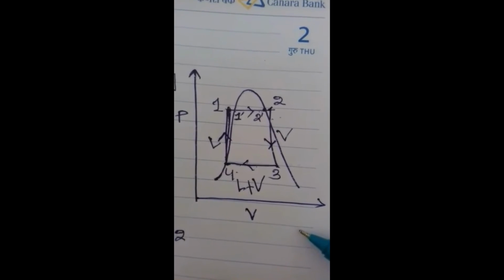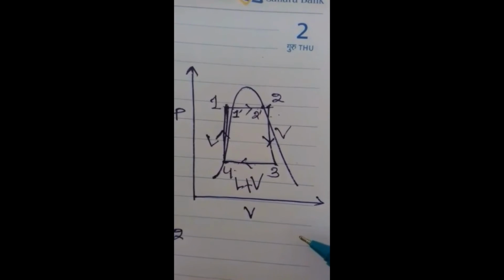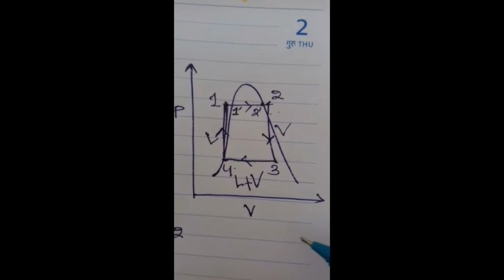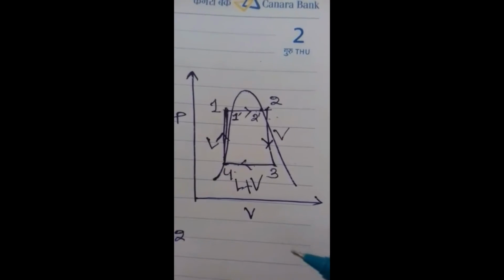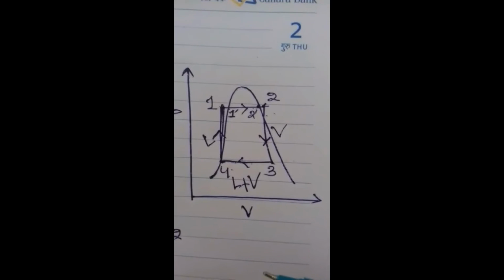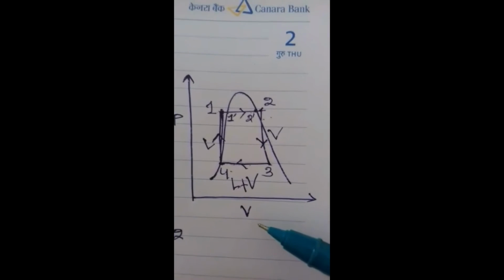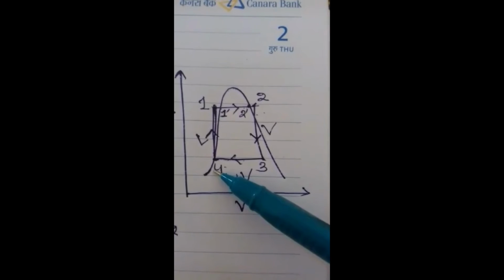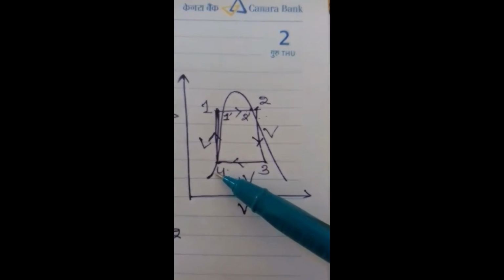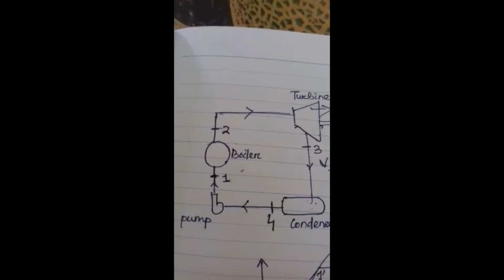From whichever state the steam comes out of the turbine, it enters the condenser, and from that state the condensation process will start, that is 3 to 4, and the outlet of the condenser is always a saturated liquid state.